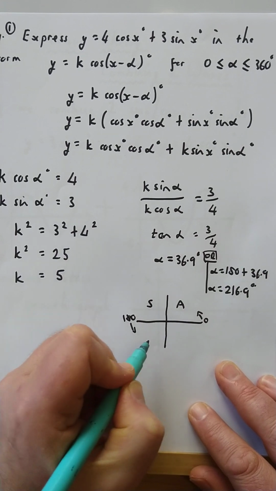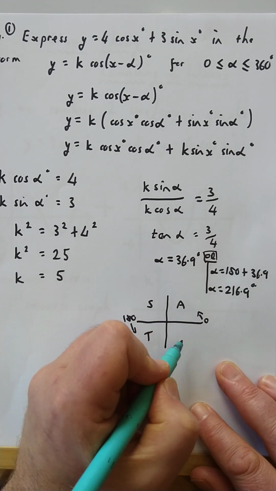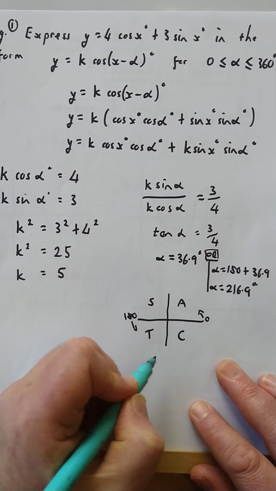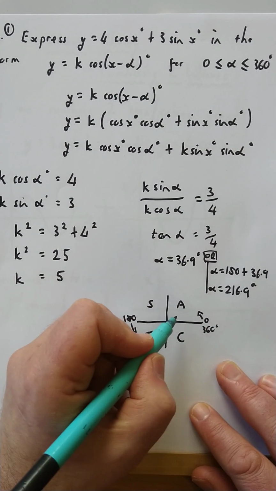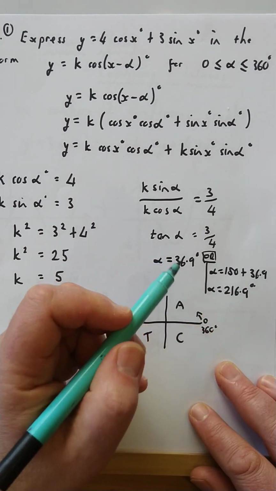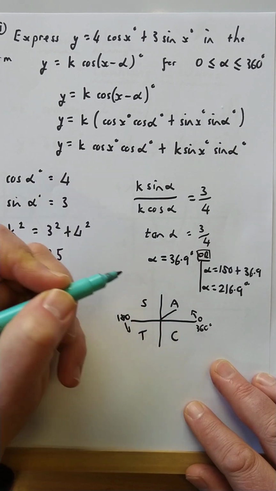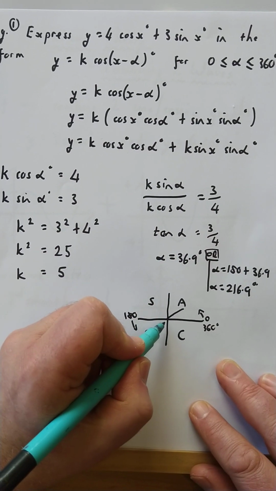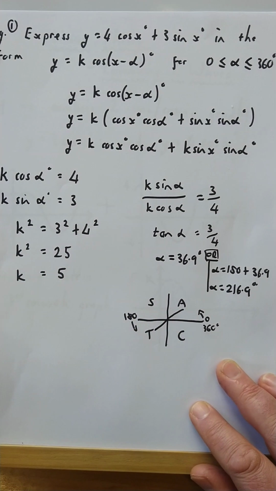As I keep working around, tan is positive between 180 and 270, and finally cosine between 270 and 360 degrees. We've said we've got two possible answers, 36.9, which would be somewhere in here, and also 216.9, which coming all the way around past 180, would be down here.